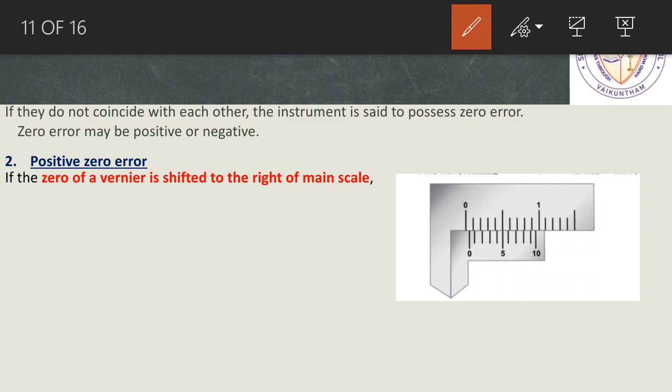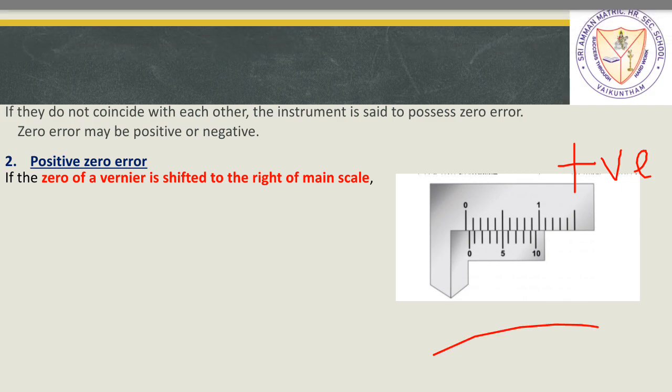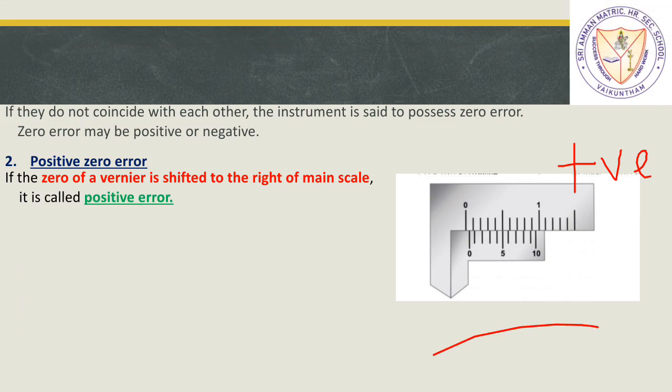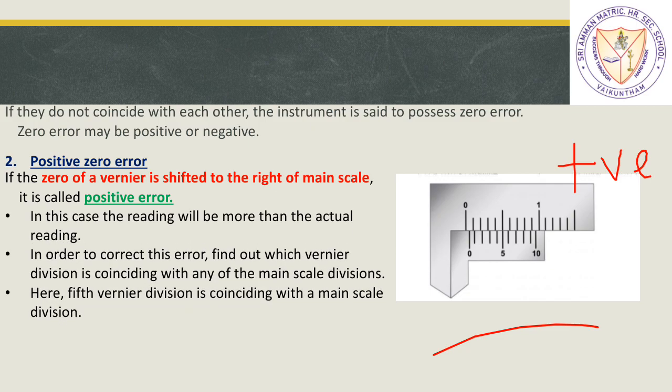So this condition is called positive zero error, or in common we can call it positive error. In this case, the reading will be more than the actual reading.